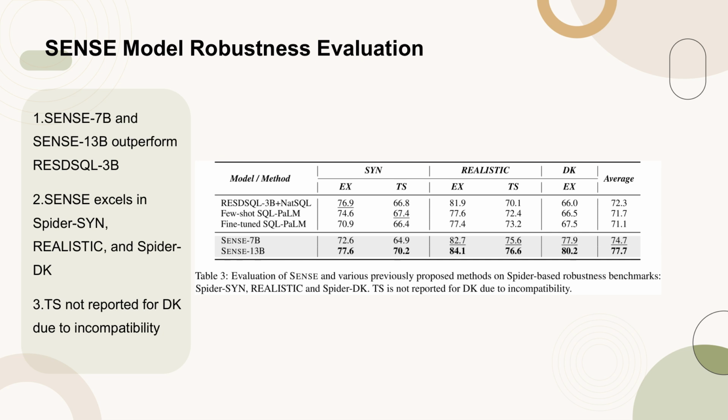The Sense7B and Sense13B models demonstrate superior performance, particularly in Spider SYN, Realistic, and SpiderDK. Notably, Sense7B surpasses RESTSQL3B by 1.4% and Sense13B by 5.4% on average. The table also indicates that TS metrics are not reported for DK due to incompatibility issues.